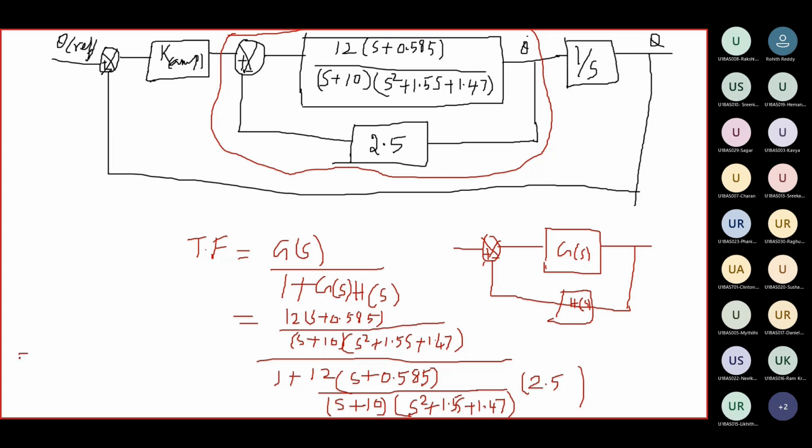Therefore if you cross multiply, the common terms S plus 10 into S square plus 1.5S plus 1.47, both will be cancelled.